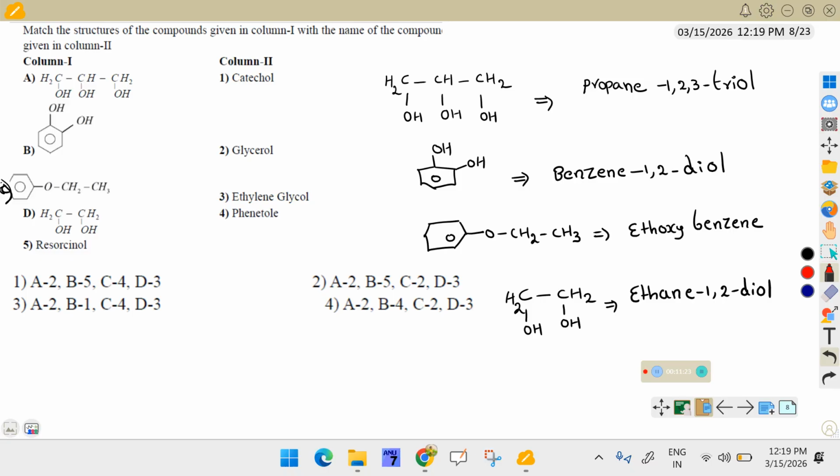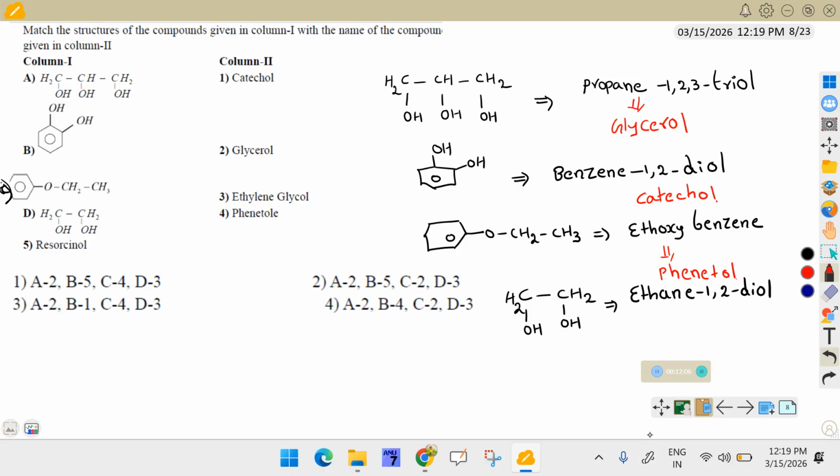The next question is a matching type question. CH2OH, CHOH, CH2OH: the first compound's IUPAC name is propane-1,2,3-triol. The common name of this compound is glycerol. Benzene-1,2-diol: the common name is catechol. Ethoxybenzene: the common name is phenol.